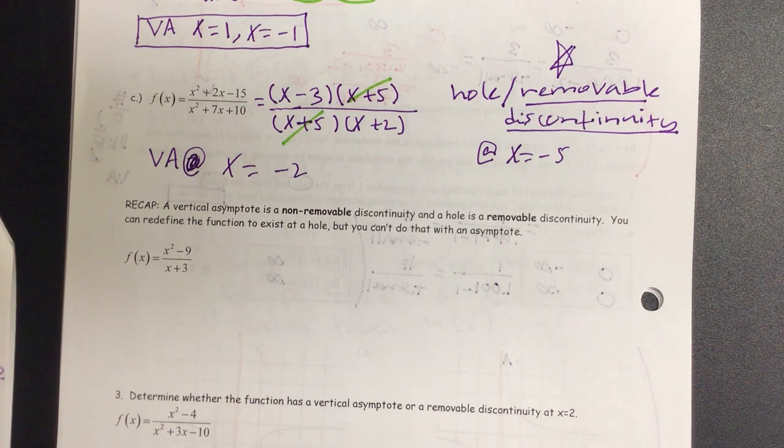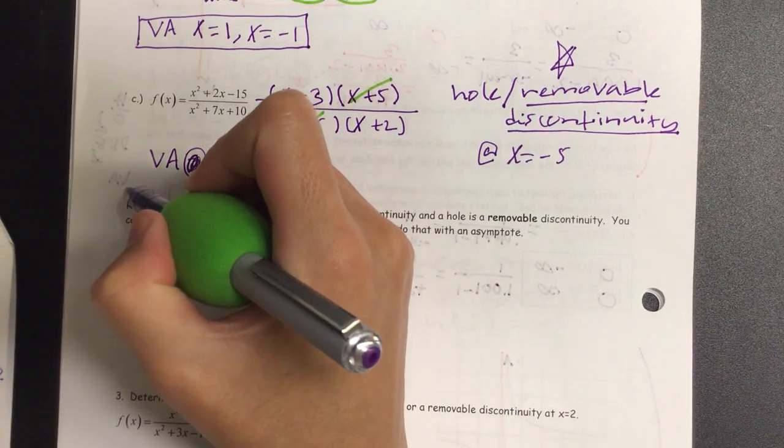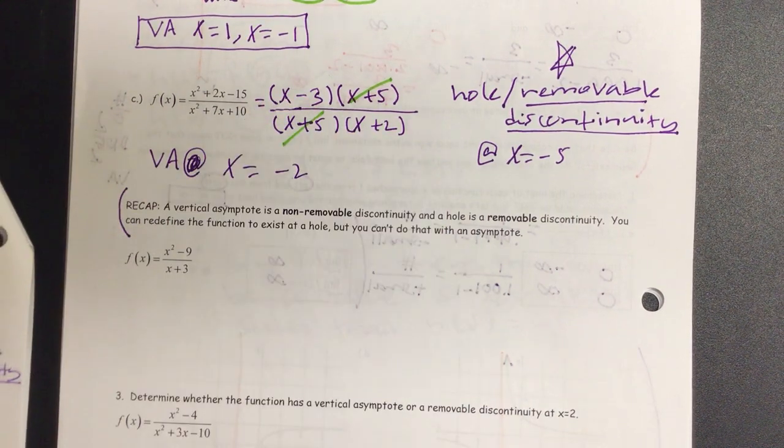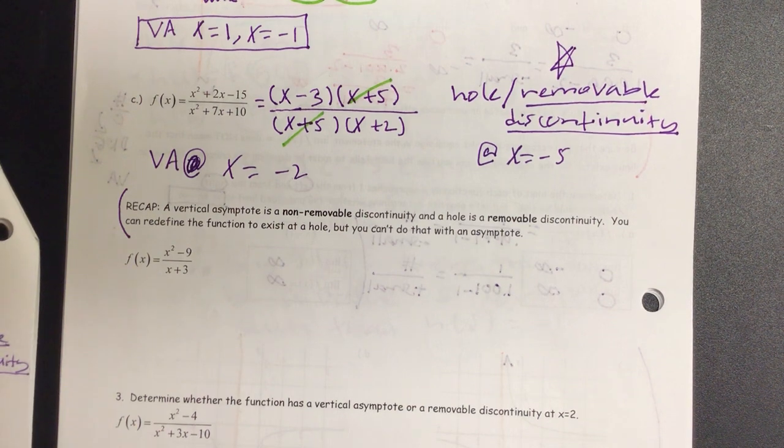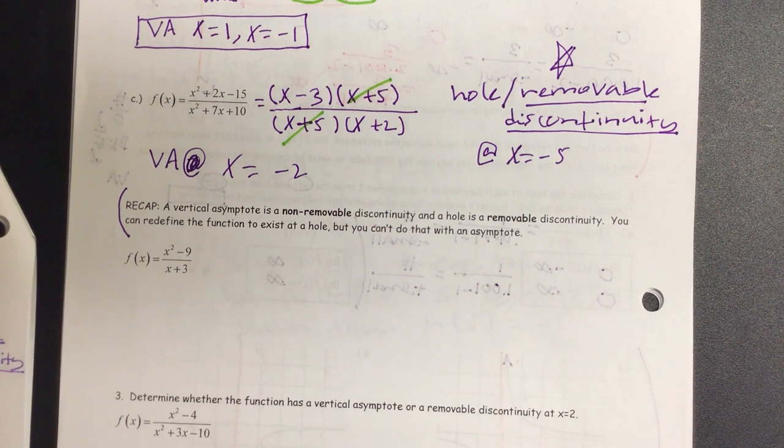What would you do with the x minus 3? That will be an x-intercept, but that's not one of the ones we're asking for. Okay, Avery, let's read the recap part. A vertical asymptote is a non-removable discontinuity, and a hole is a removable discontinuity. You can redefine the function to exist at a hole, but you can't do that with an asymptote.